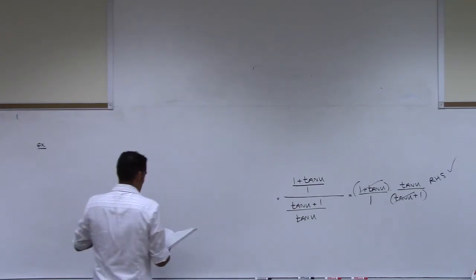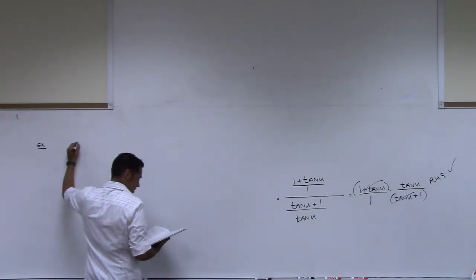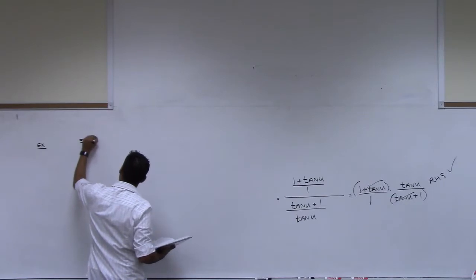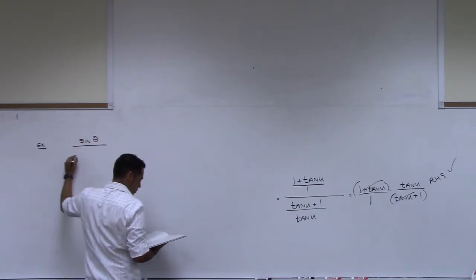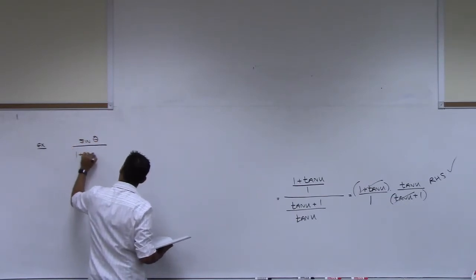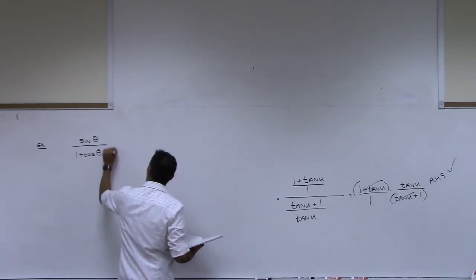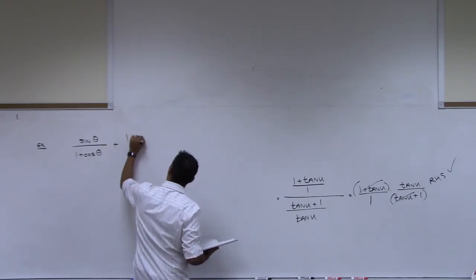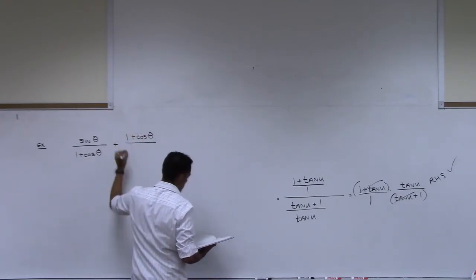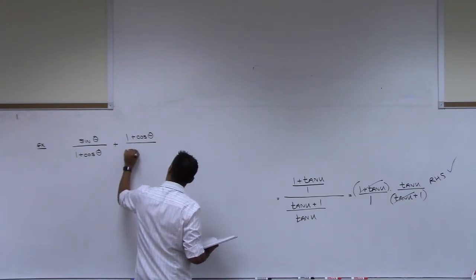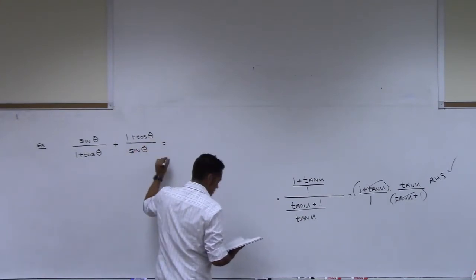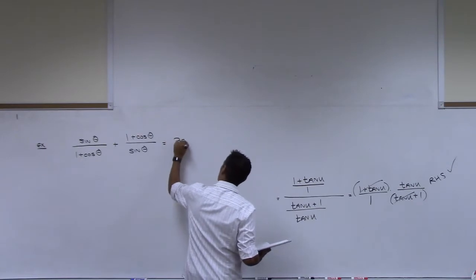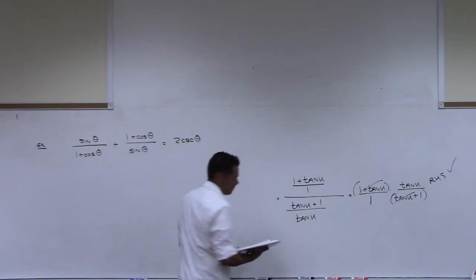So let's see here. Sine theta over 1 plus cosine theta plus 1 plus cosine theta over sine theta is equal to 2 cosecant theta.